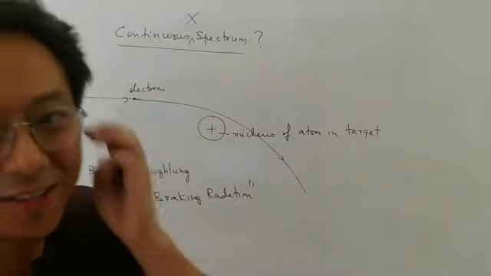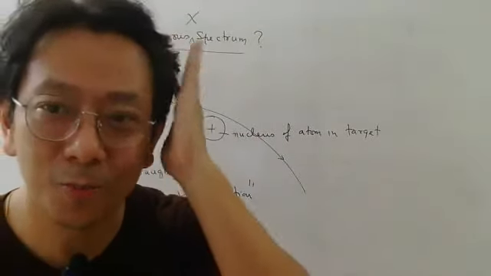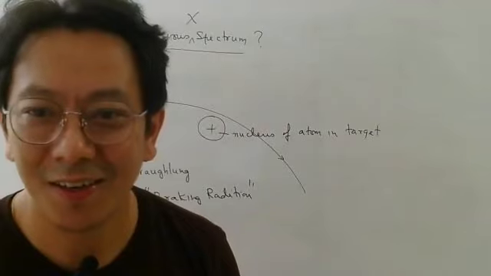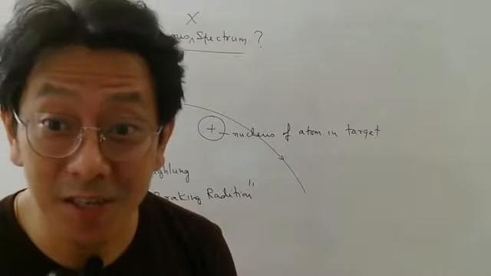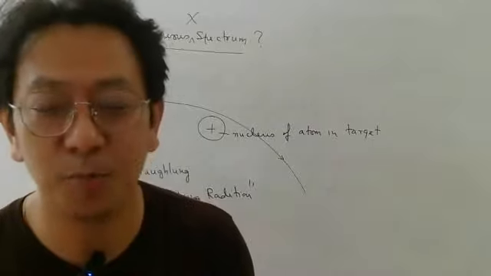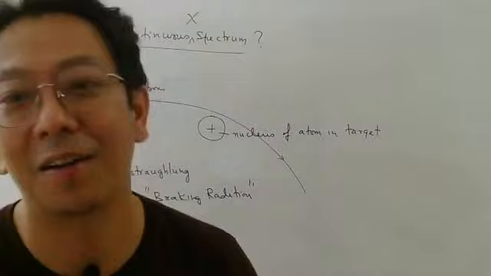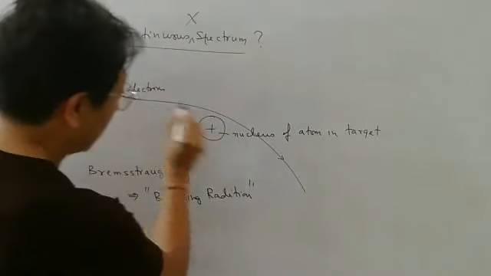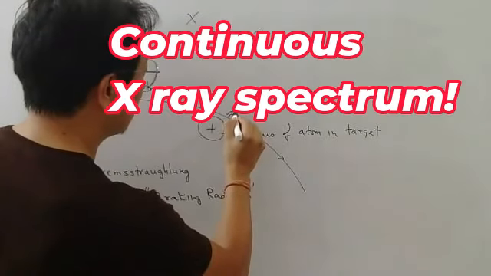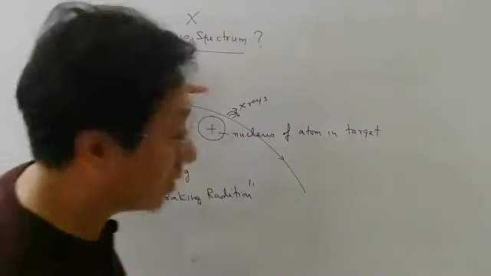So during that acceleration, what did Maxwell tell? I told you, I will apply classical physics. So what Maxwell said: whenever charge accelerates or decelerates, it emits EM waves, right? And here the loss of energy is so much that the frequency of those radiation goes beyond ultraviolet. So this continuous loss of energy will emit continuous X-ray spectrum.